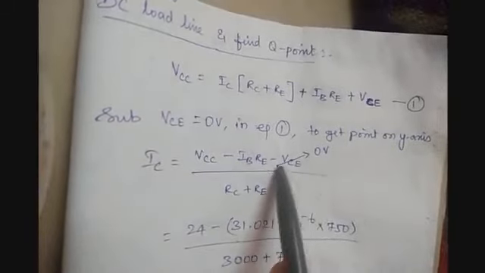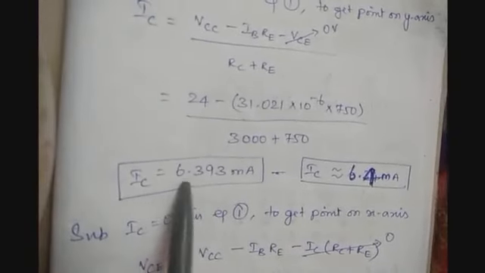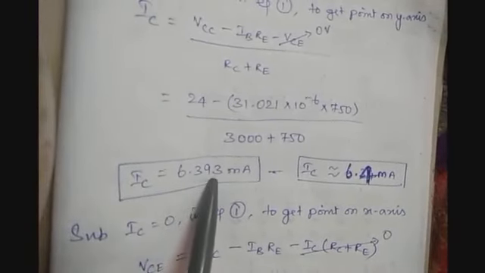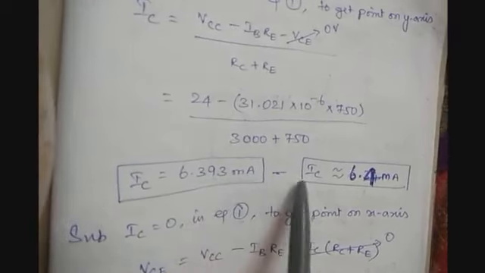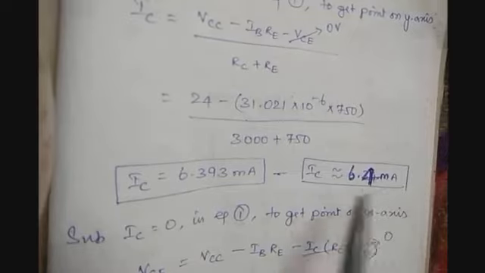Just substitute VCE equal to 0 in this equation, then simplify it, then we will get IC equal to 6.393 milliamps, so almost equal to 6.4 milliamps.